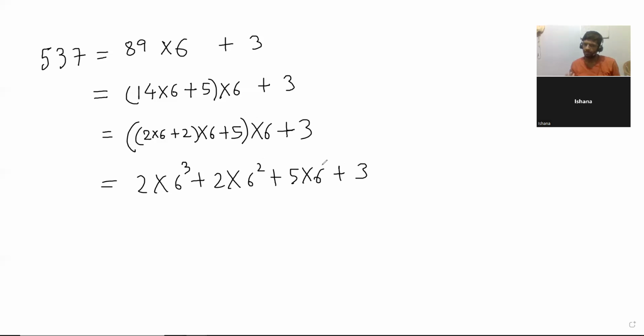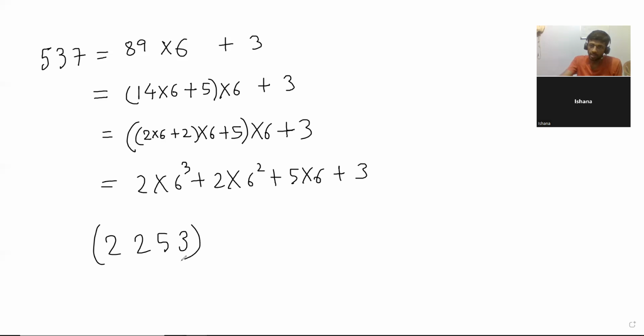Okay, so you see that quantity 537 that comes in the number line when you take 537 steps, that quantity has the representation 537 in base 10. Okay, but in base 6, what will be its representation? 2253.